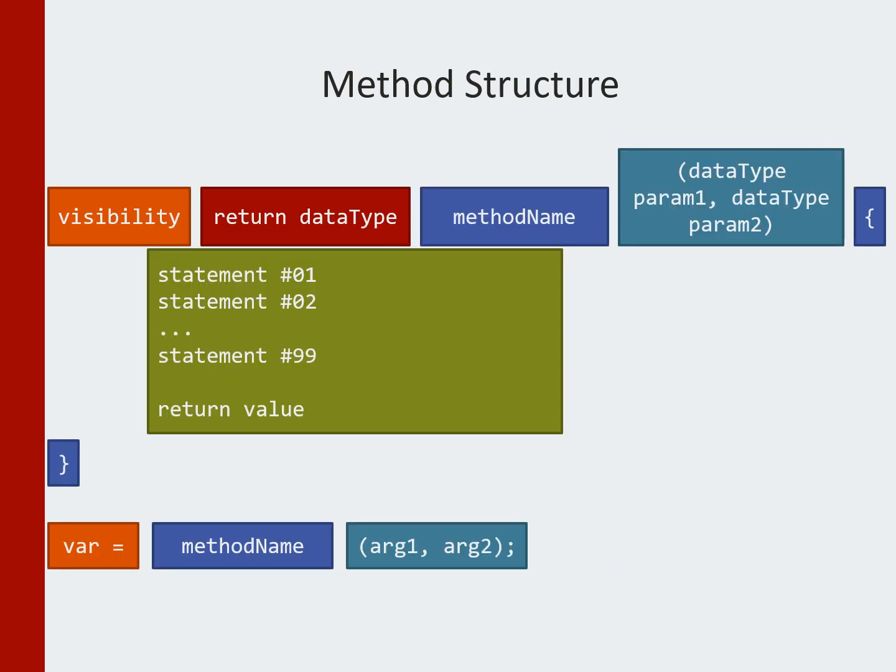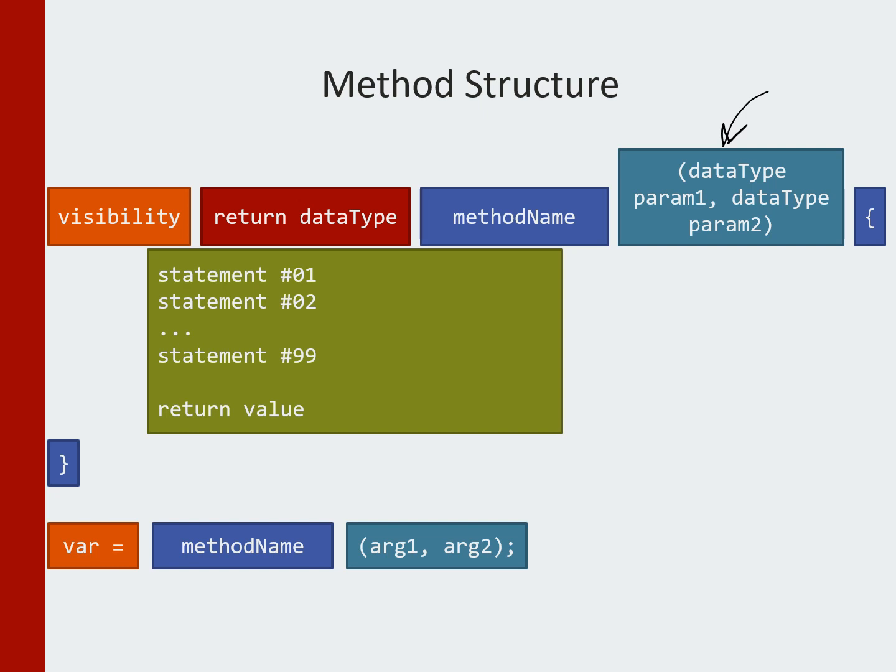When I talk about the input to the method in the method structure in Java, remember that we will have the visibility, return data type, the method name, and then in parentheses the data type of the input parameters.